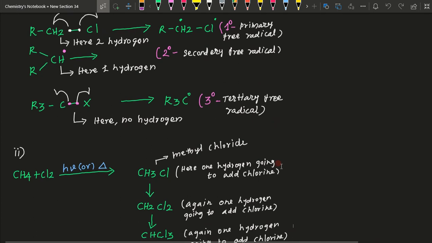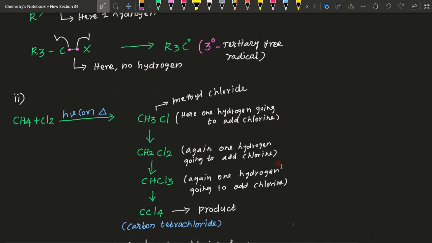Next, methane and chlorine when treating with sunlight or heat go to methyl chloride. Here one hydrogen breaks and one chlorine is added. Again one hydrogen is replaced by chlorine, so we get CHCl3.